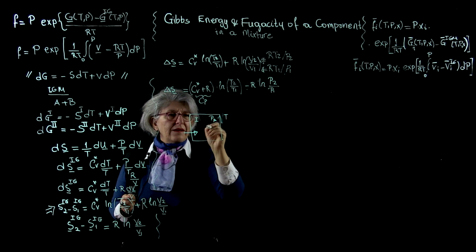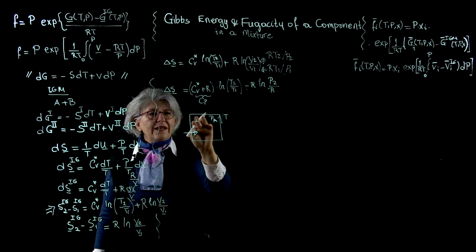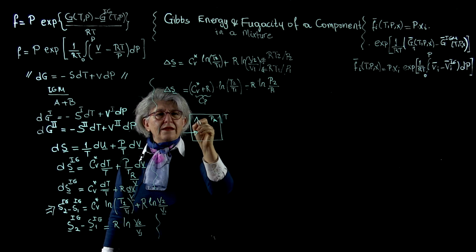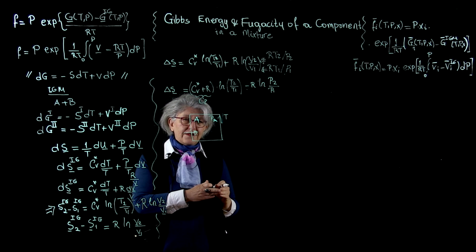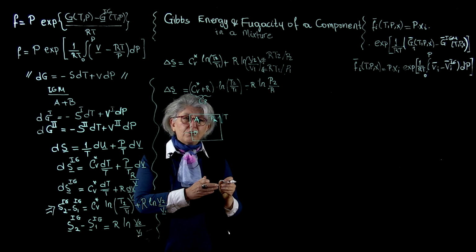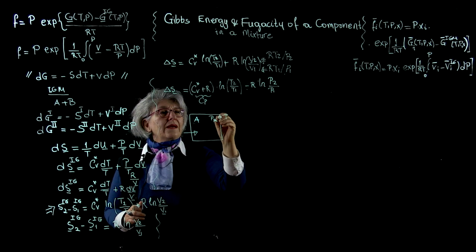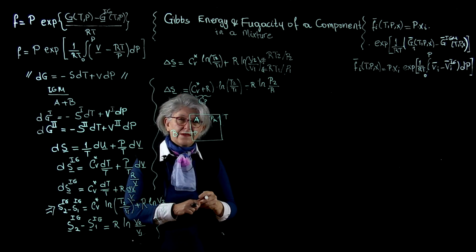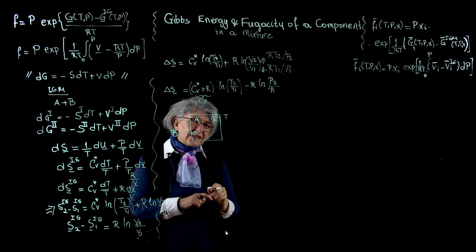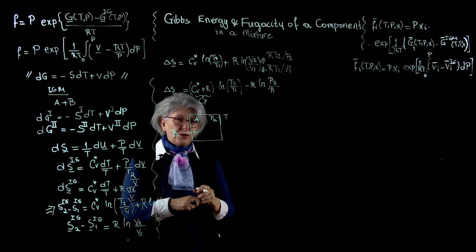Initially, I have only gas A. Its pressure is P sub A, its temperature is T, and I'm going to blend into this gas the gas B. This container is at constant volume.